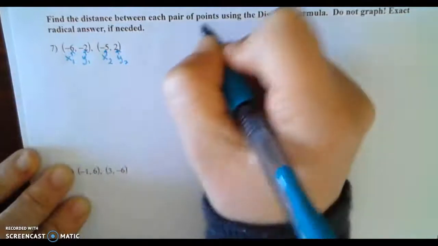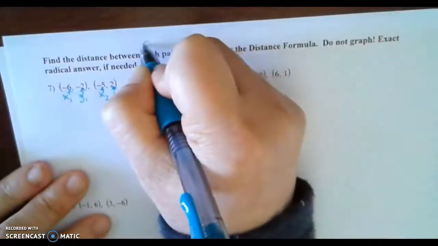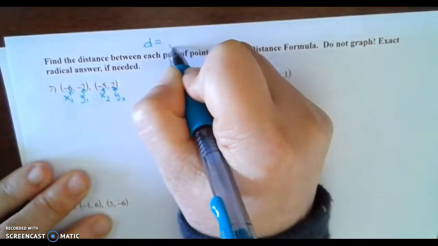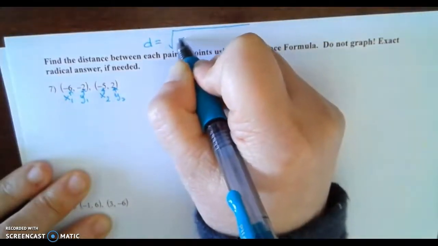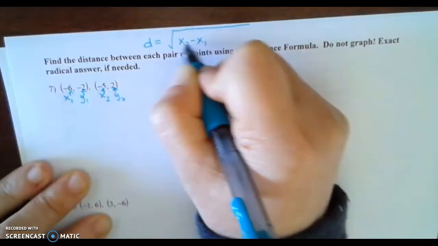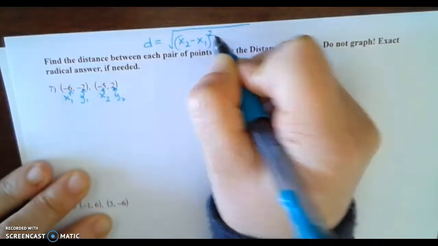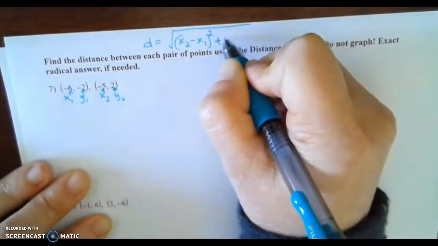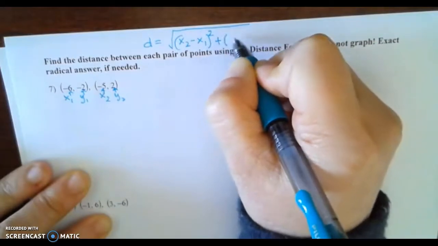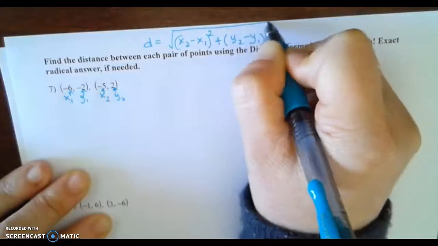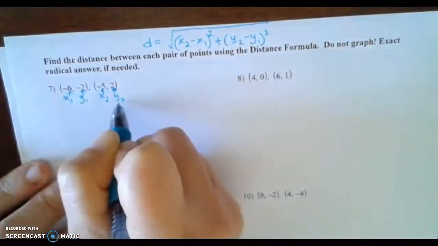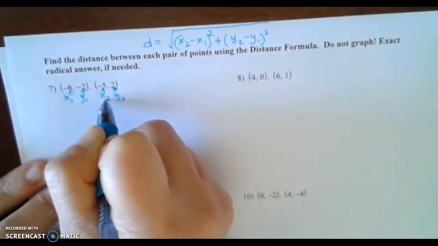So the distance formula says distance is square root of x2 minus x1, that's how much the x values change, plus, and it's not minus, this is plus, y2 minus y1 all squared. So what is x2? x2 is negative 5.